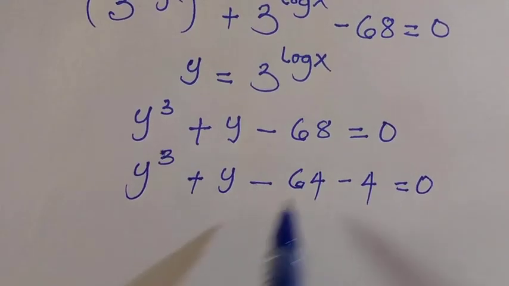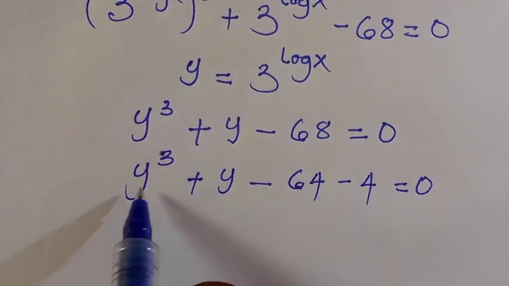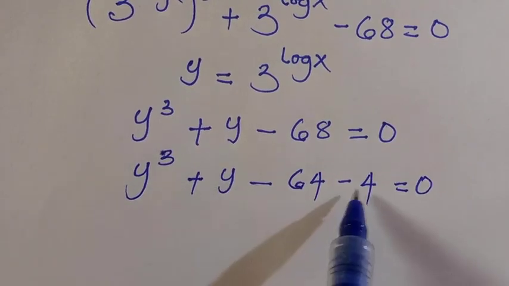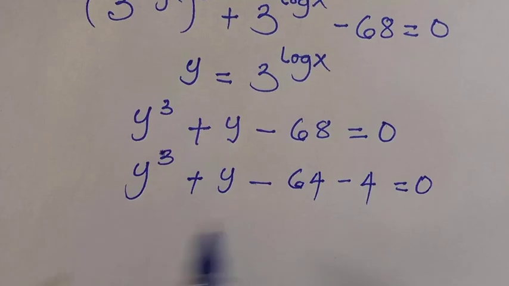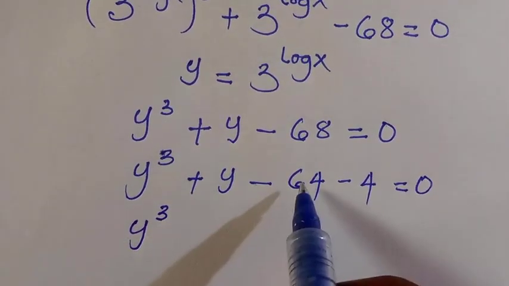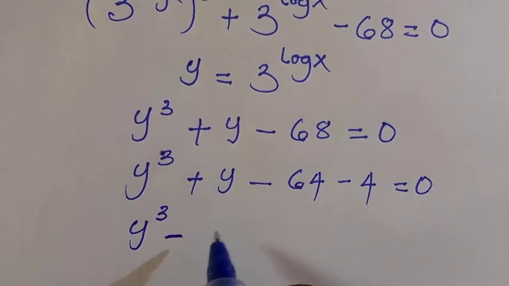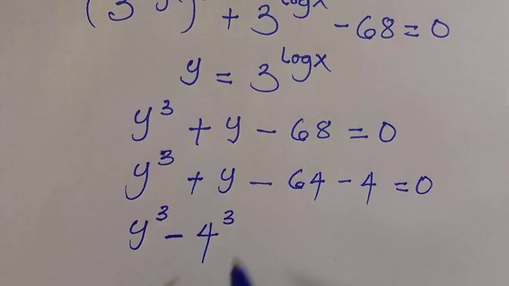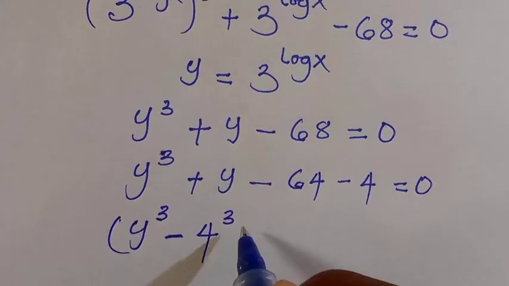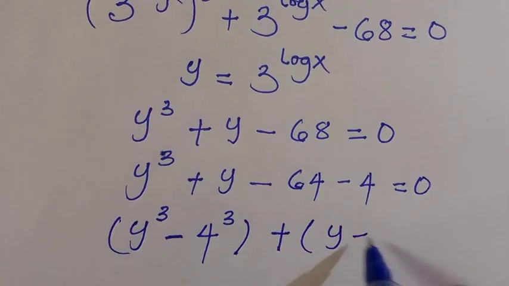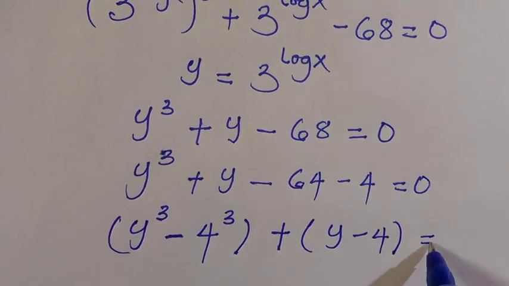So we're going to rearrange this. We place this 64 beside y to the power of 3 and we combine this y and negative 4 together as well. And here we have y to the power of 3. So about this 64, we can write it as 4 to the power of 3, which is still 64. And I'm going to bracket this plus, again we have y minus 4 equals 0.